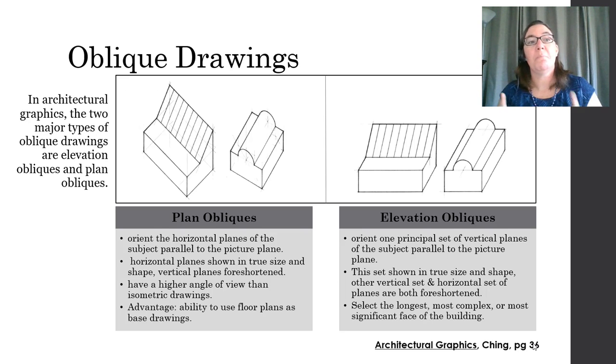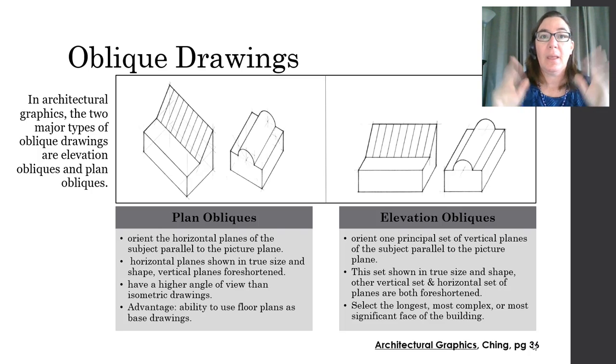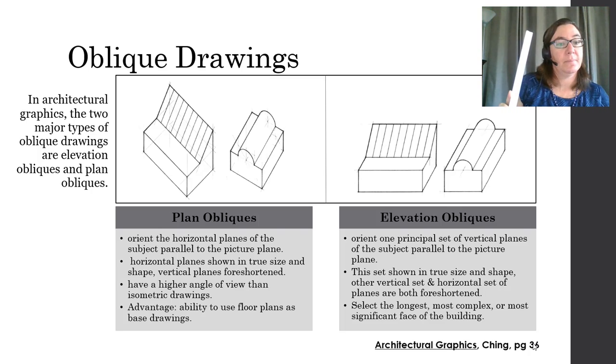There are two major ways that architects use oblique drawings, and those are called plan obliques and elevation obliques. In the plan obliques, we orient the horizontal plane directly at the picture plane, and therefore everything that is in the plan view is true to scale.